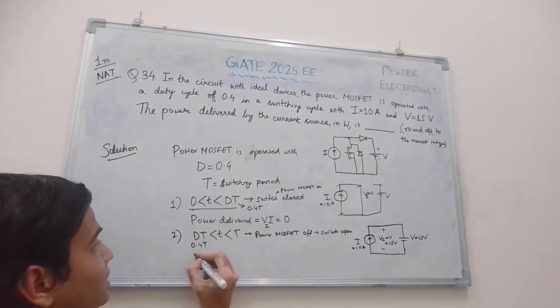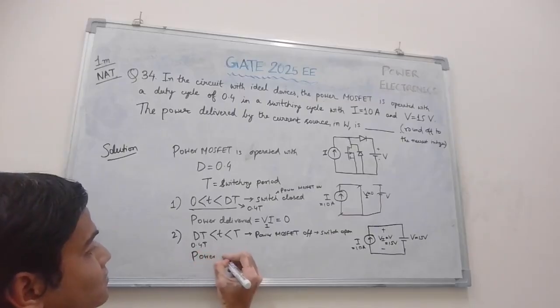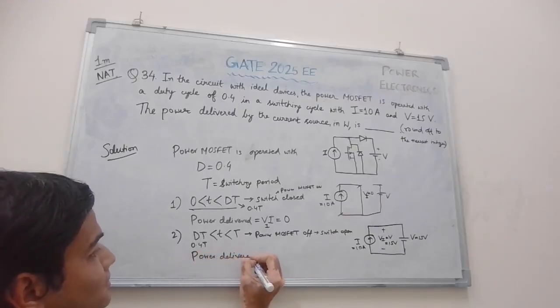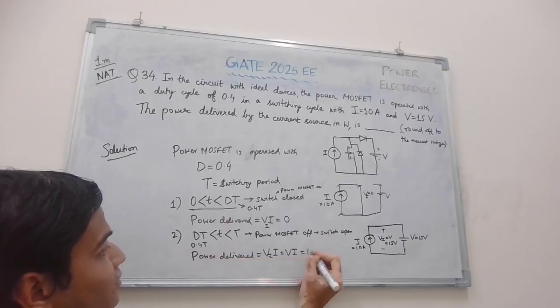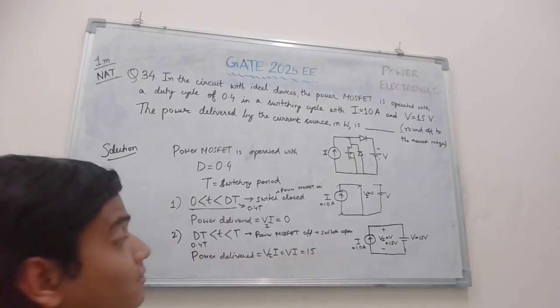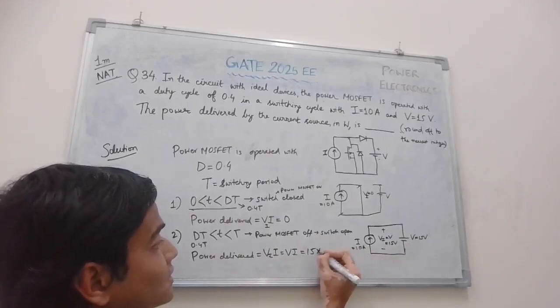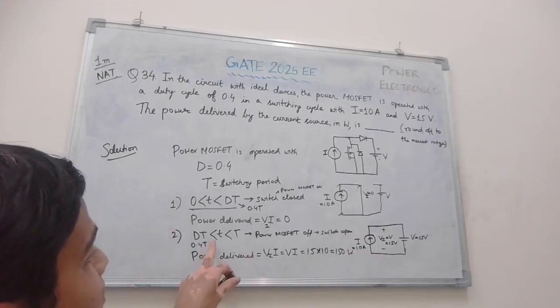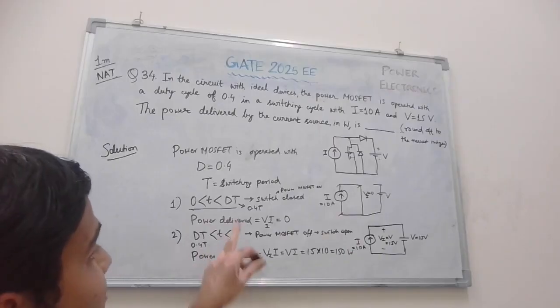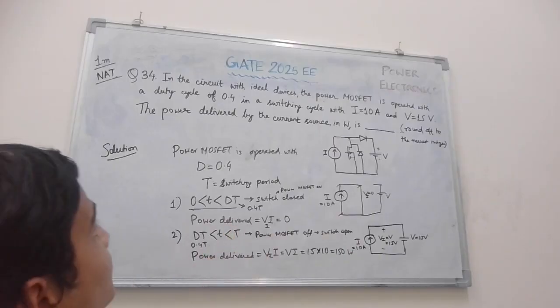So the power delivered during this time will be V_I into I, that is V into I, that is 15 into 10. That is 150 watts. But this will be occurring only for the time interval between 0.4T and T. For the remaining time, the power delivered will be 0.